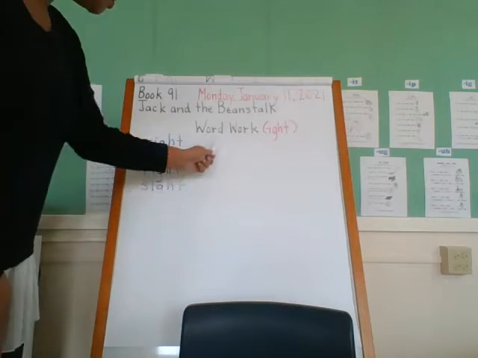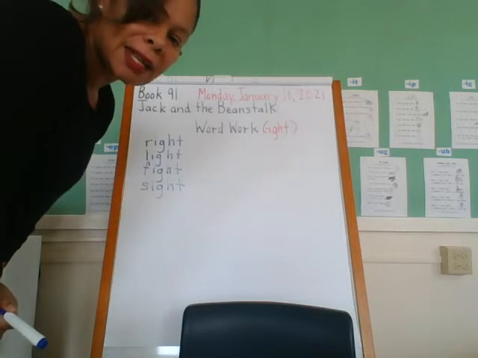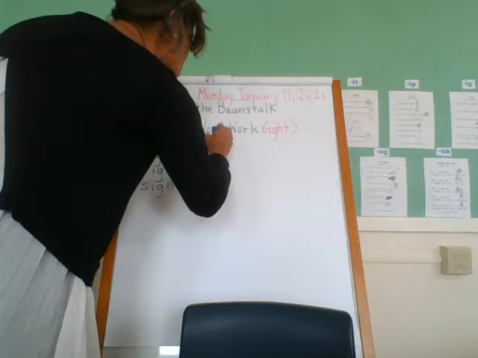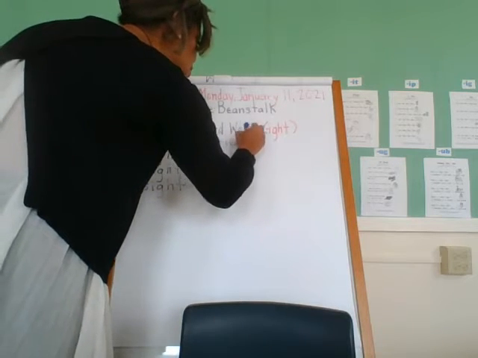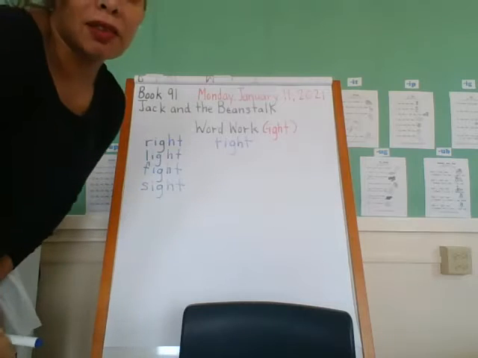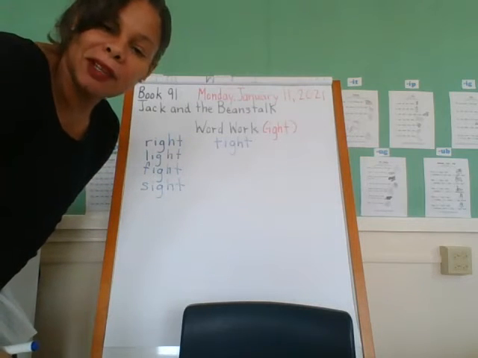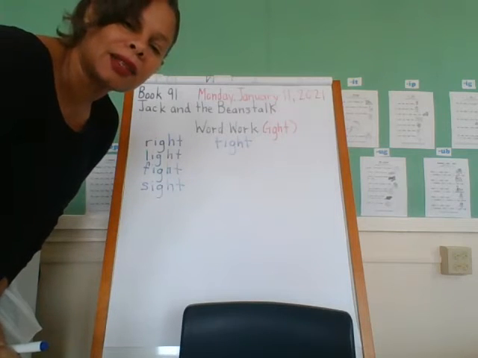Okay, I'm going to come on the other side. Next, I want you to write the word "tight." Tight. T-I-G-H-T. Markers are running out of ink. Okay, now I want you to write the word "tightly." Tightly. So it has a suffix "ly" at the end.